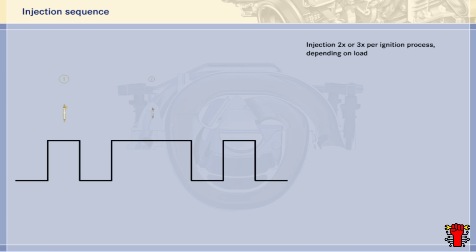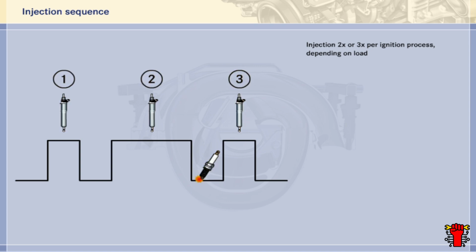Depending on load, there are either 2 or 3 injection processes per ignition process in stratified charge mode. Pilot injection and main injection occur before ignition. The optional post-injection process occurs, if at all, after ignition.